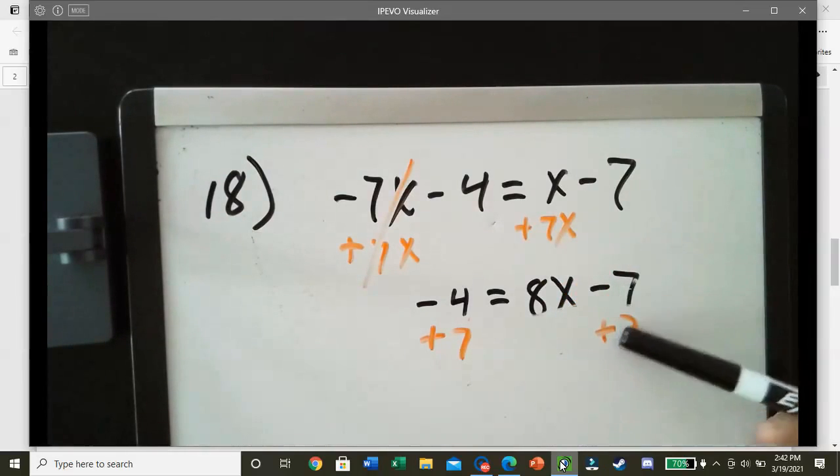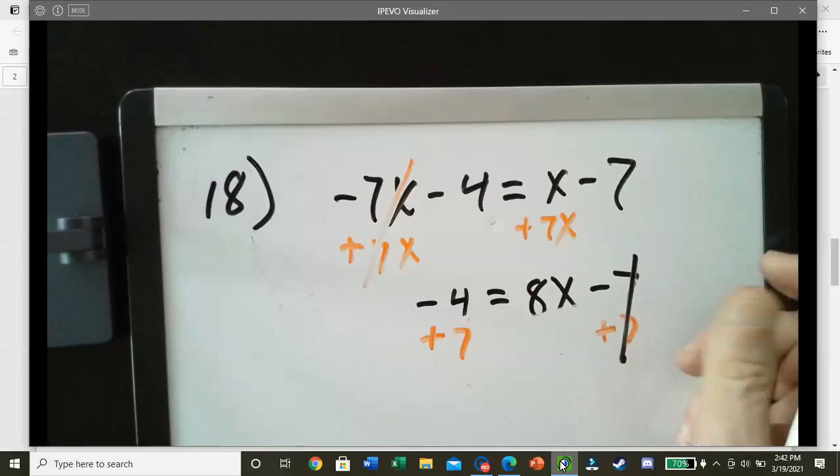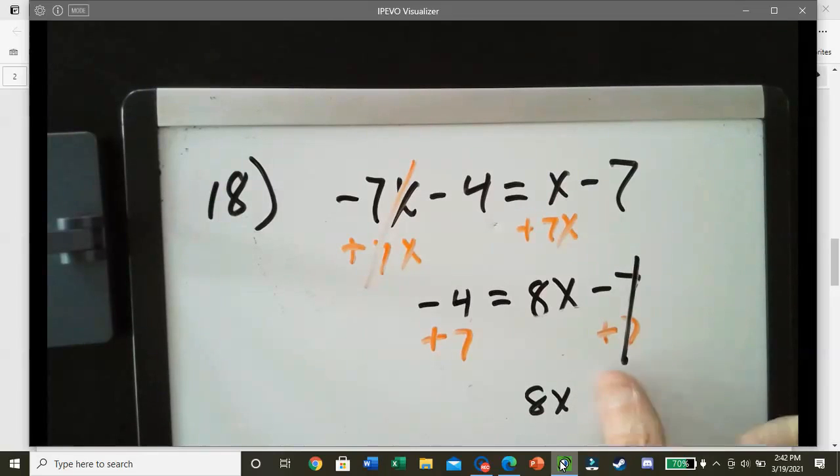So you got negative 7 and positive 7. What happens to the 7s? They cancel. They become what number? 0, right? But we don't write 9x minus 0. We just leave it off. But that's really what's going on, right?